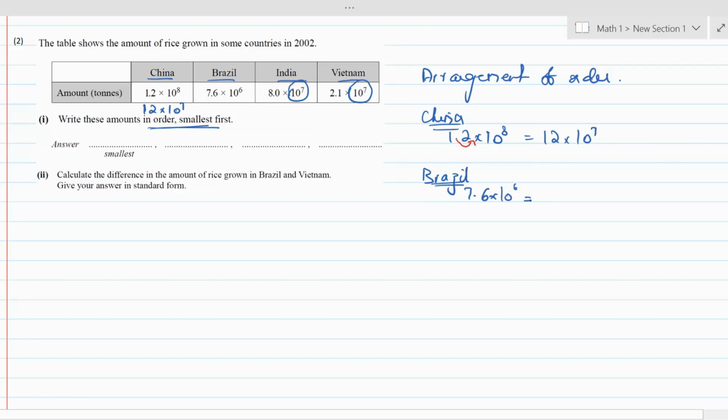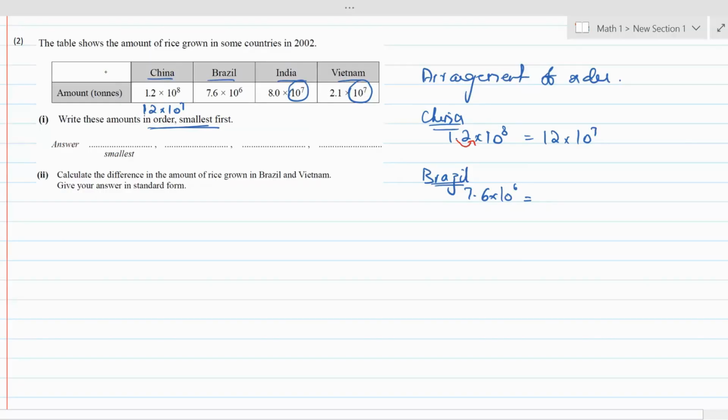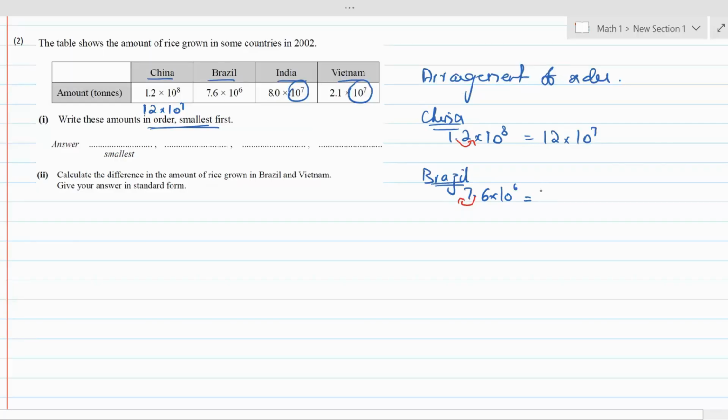To make it 10 power 7, that decimal has to move towards the left. So 7.6, decimal moved towards the left, would make it 0.76 into 10 raised to the power 7.